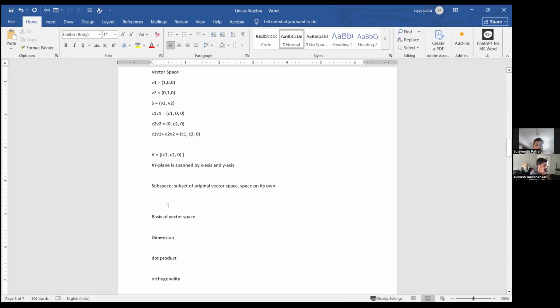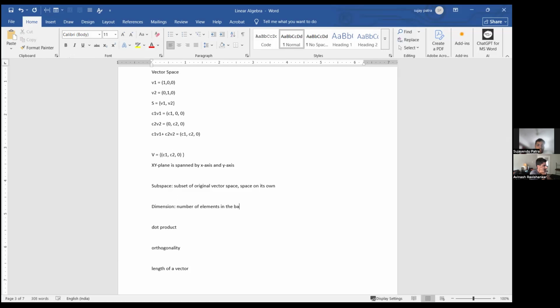So this is a subspace, and we have already covered the basis of a vector space. If you have a subspace, then it has a basis because we know what vectors it was spanned by, V1 and V2. Dimension is just the number of elements in the basis.